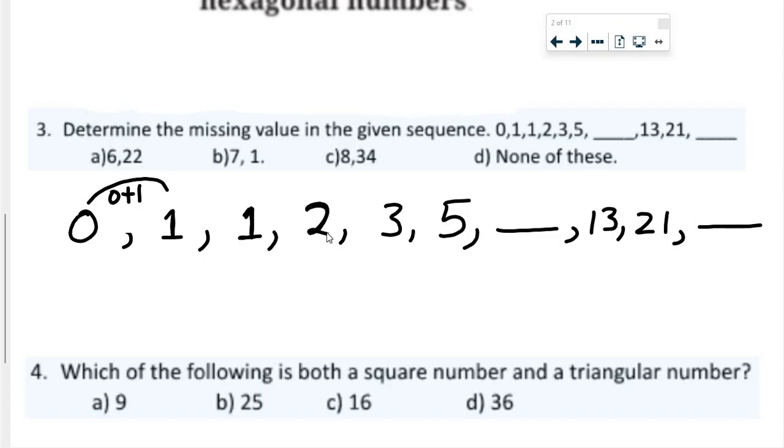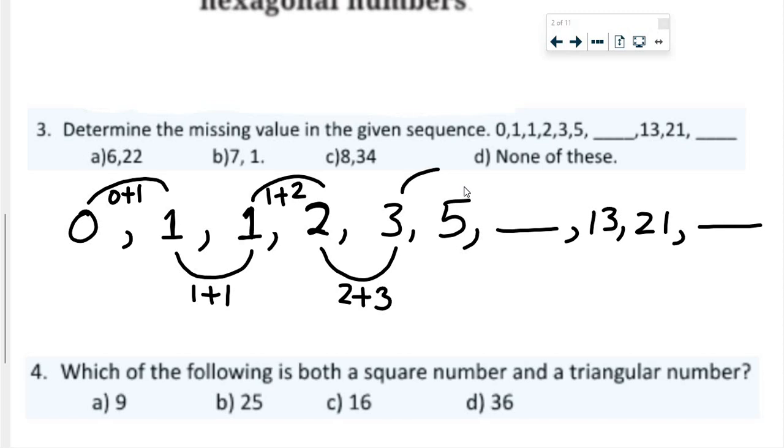To get the next number, which is 2, you take 1 plus 1, 2. To get the next number, which is 3, you do 1 plus 2, which is 3. To get the next number, which is 5, you do 2 plus 3, 5.